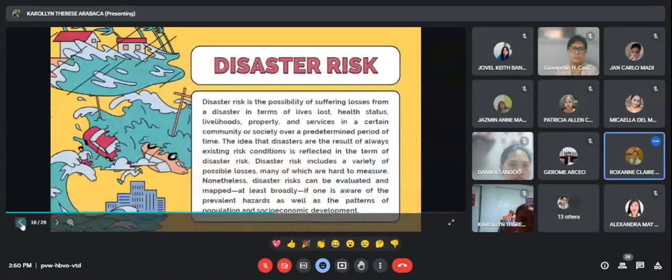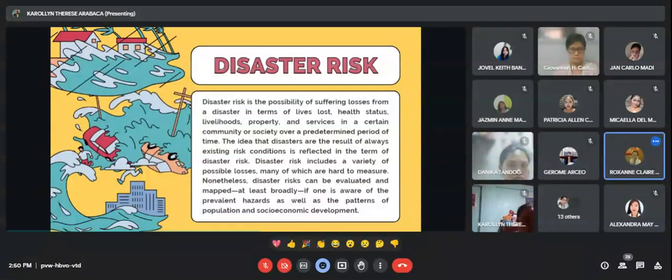Also po, kapag may disaster na nangyayari, nakaakibat na dyan yung salitang risk. Like who and what are at risk when this event happen. It is said din po dito na possible losses is hard to measure, but the risk can be evaluated.